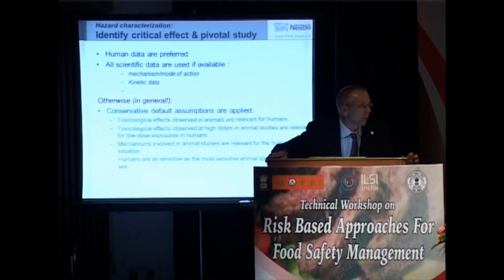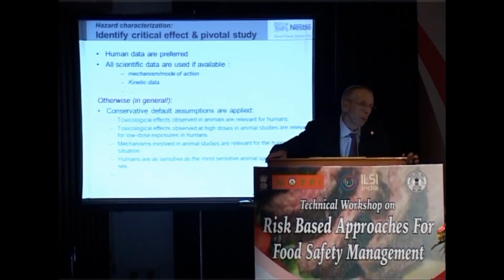So as we have seen, we have plenty of data coming from experimental data, or sometimes we have human data. So the first step in the hazard characterization is to collect, review and analyze all this data. If there are human data which look adequate, these will be preferred.